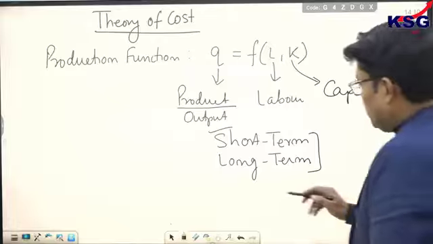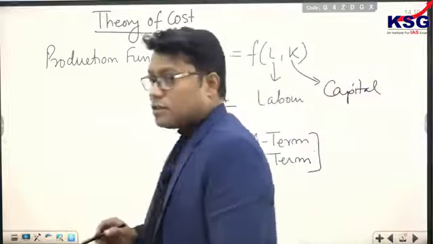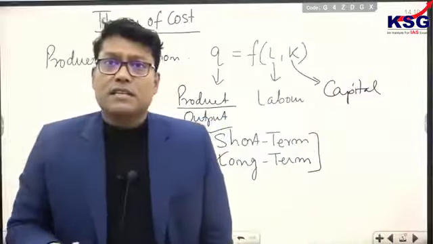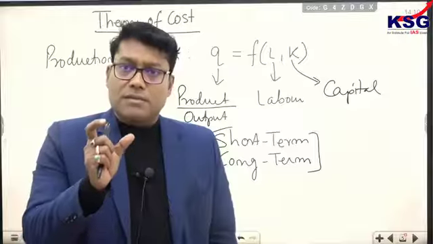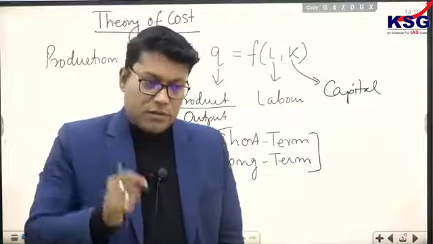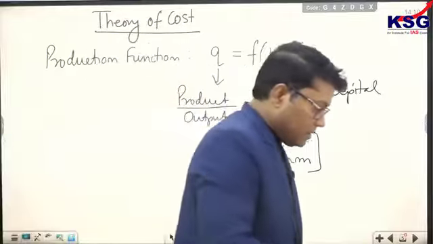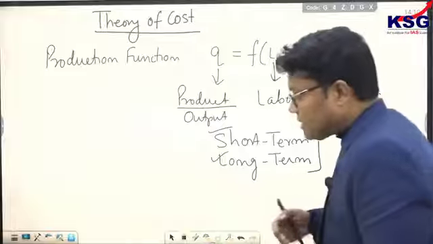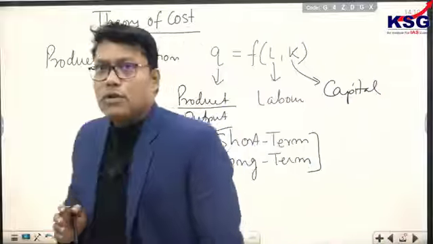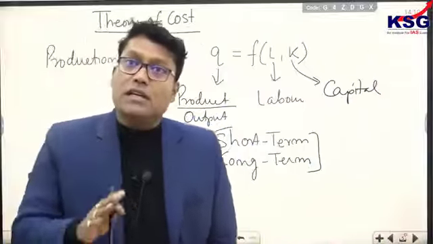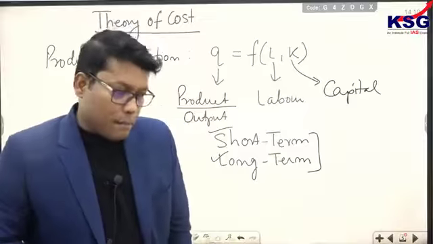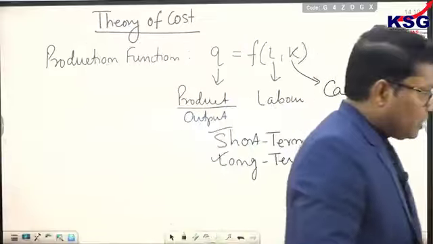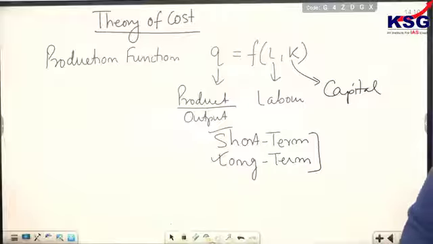Next, write long run, long term. Long term is a time period. Write first one line: long term is a time period during which all factors can be changed, including fixed factor. If you write all factors can be changed, it's enough.